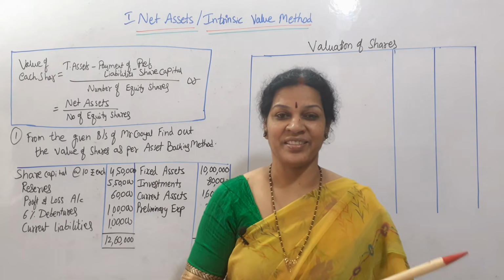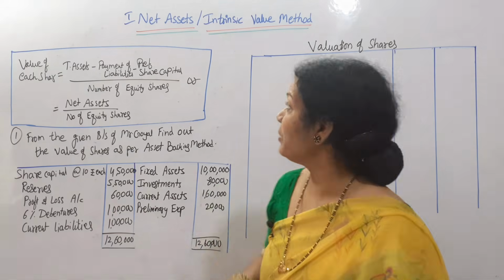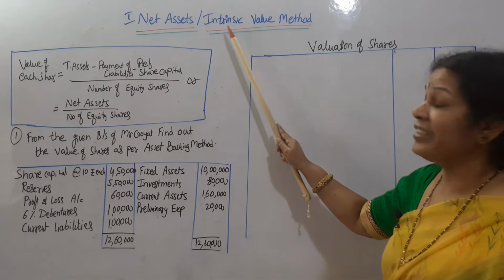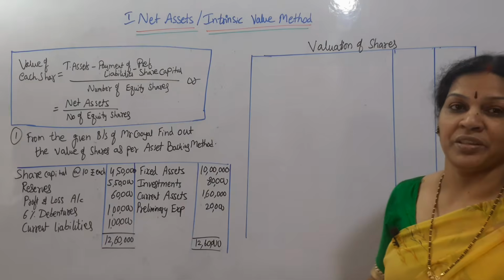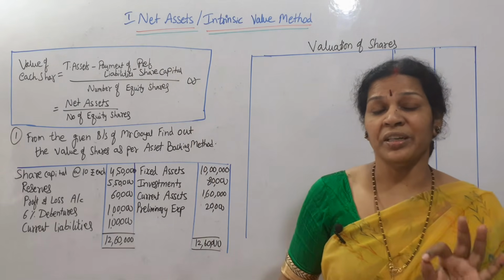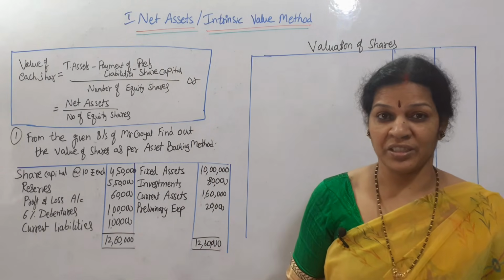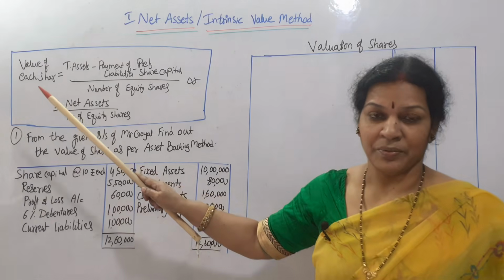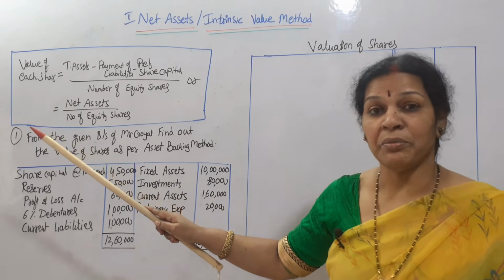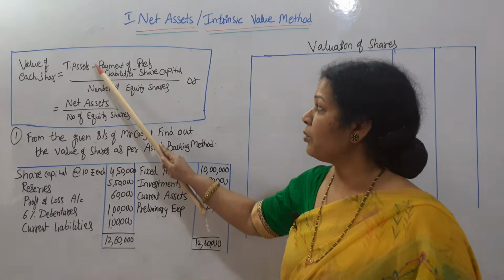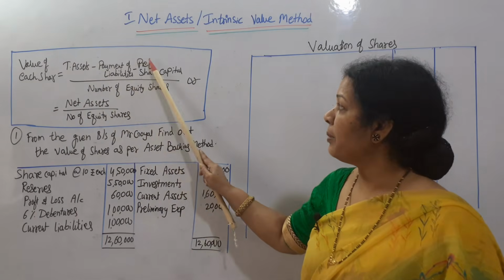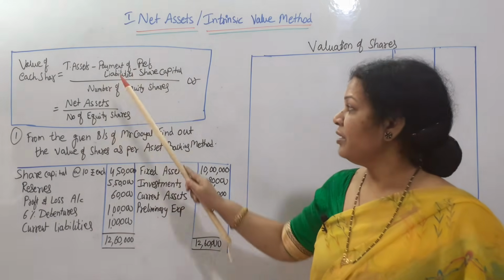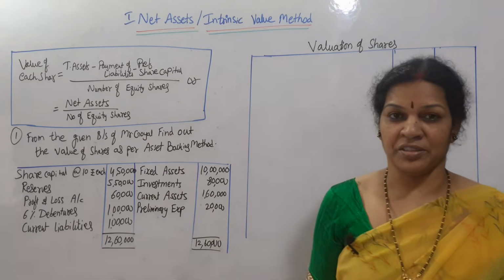With clarity you'll understand. Now today we'll see the first method, that is the net assets method, or intrinsic value method, okay. I told you about the net asset value method in the previous class. What is the formula for the value of each share? Each share we want to calculate. How do we calculate? Total assets minus payment of liabilities minus preference share capital, divided by number of equity shares.